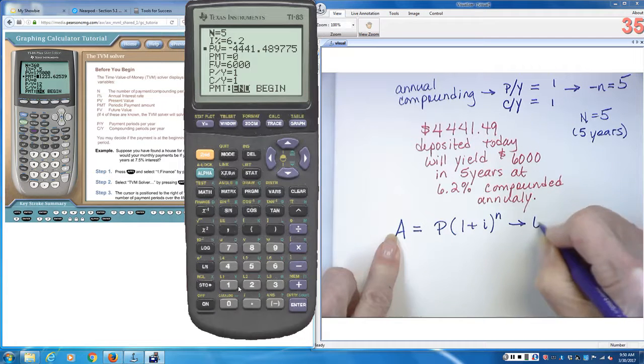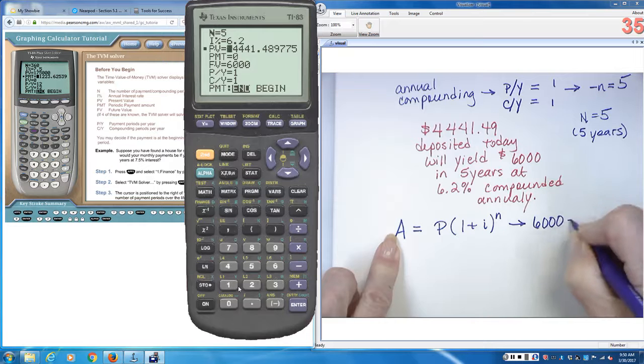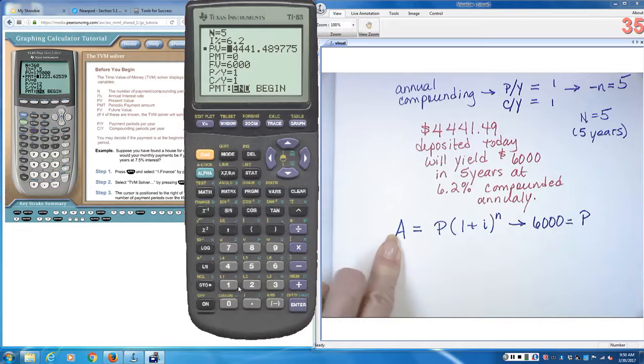So your future value is going to be $6,000, which is equal to the present value, which I don't know what that is, times 1 plus, now if you're doing the formula, you have to change it to a decimal, so it's 0.062. And the number of times it's going to be compounded in 5 years, once a year, is going to be 5.